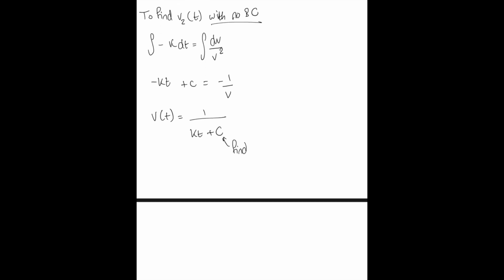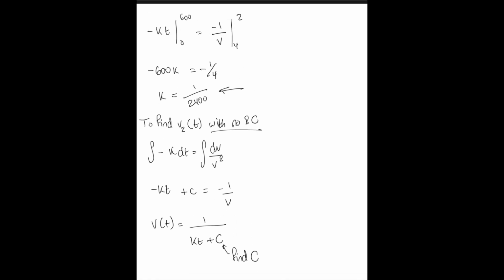Now, to find c, all we need to do is plug back in our k, which we found, and one of our boundary conditions, the easiest one being 2 and 600. 2 is equal to 1 over k, which is 1 over 2,400, multiplied by our t, which is 600 seconds, plus c.